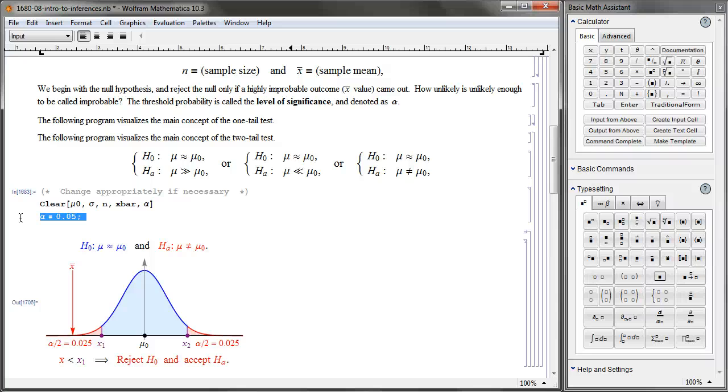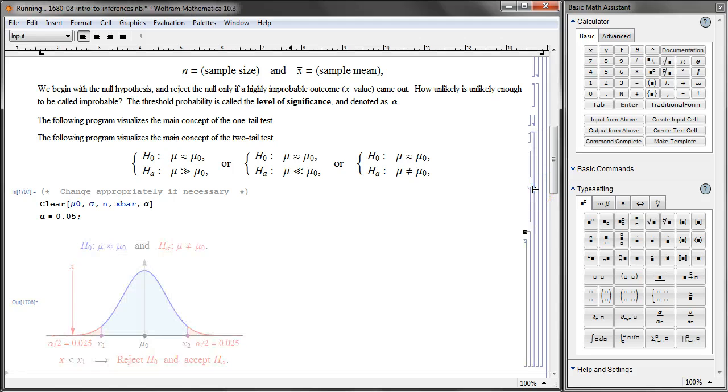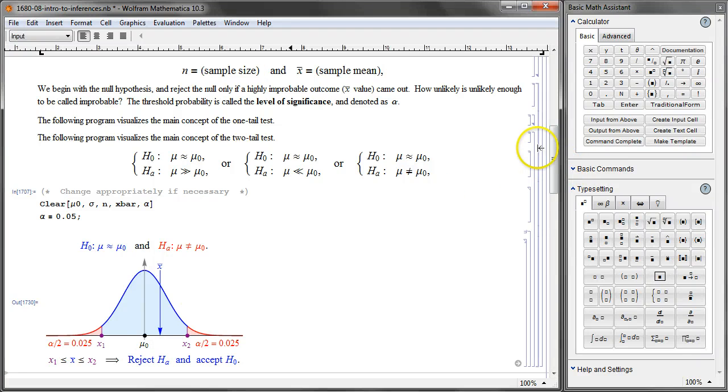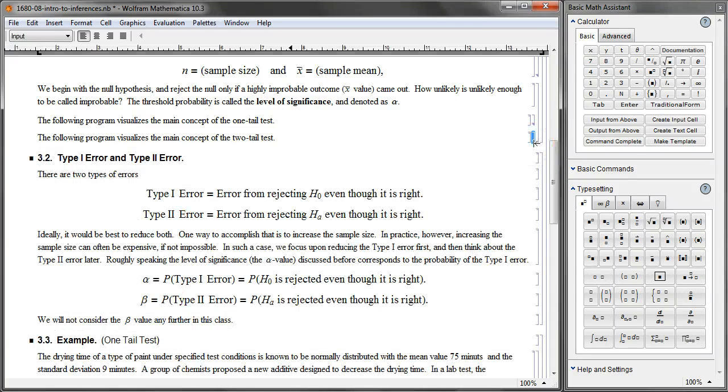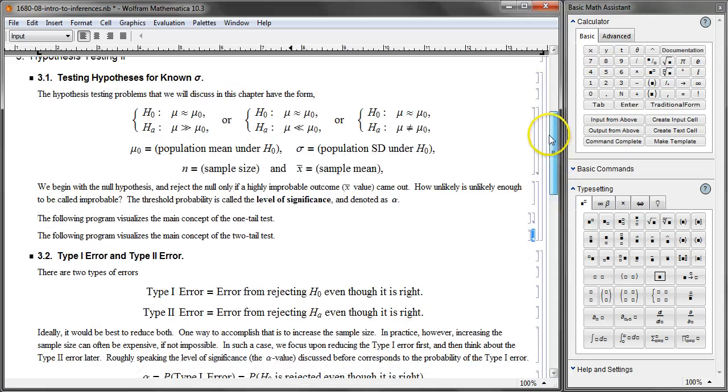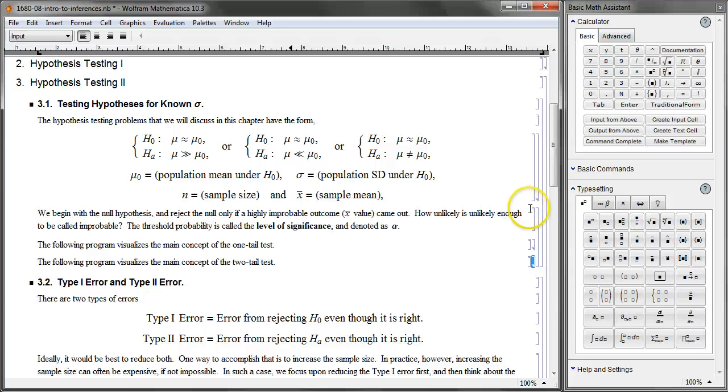And in this case, x bar is too far away because it's beyond this threshold. So we reject null. In this case, x bar is close enough to null, so we're going to accept null. And that's how we work out this hypothesis testing. And exactly how do we calculate? Well, that's something we are going to consider in the next video.